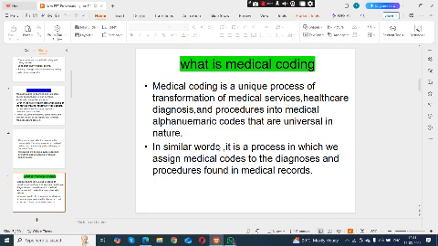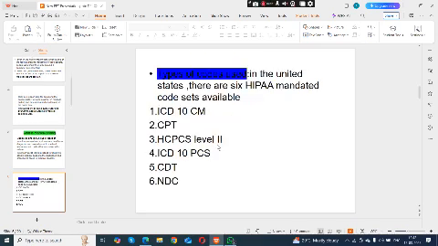Previously they used to code only in numeric codes; now, after the 10th revision, they code in alphanumeric codes. These codes are universal in nature, and we use them to code medical diagnoses and types of services, like minor and major surgeries, and clinical services like laboratory services and radiological services. All of these we are going to convert into codes.